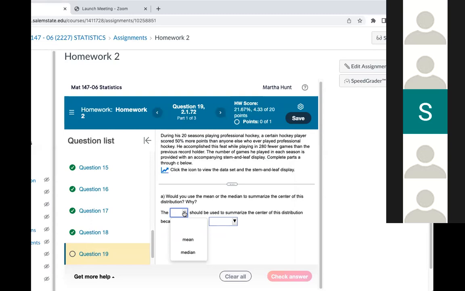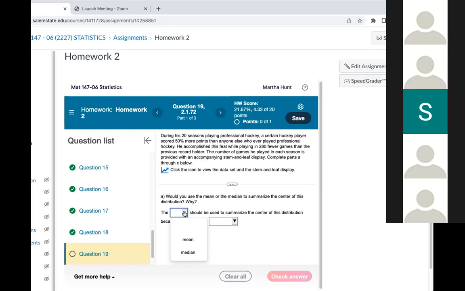The mean is great if there's no skewness. The mean is great because it takes into account all of the values. But if there is skewness, if there are outliers, the mean is deceiving.